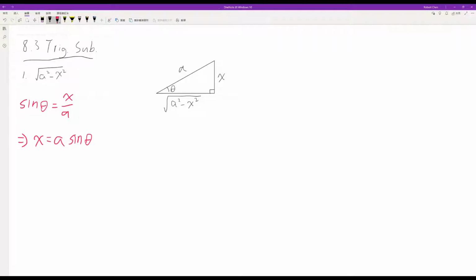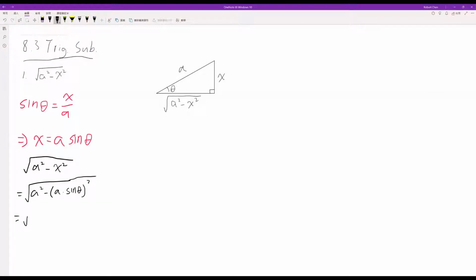Then let's go back and look at our expression, the square root of a squared minus x squared. Then we can rewrite that as the square root of a squared minus the quantity a times sine theta, squared, right?